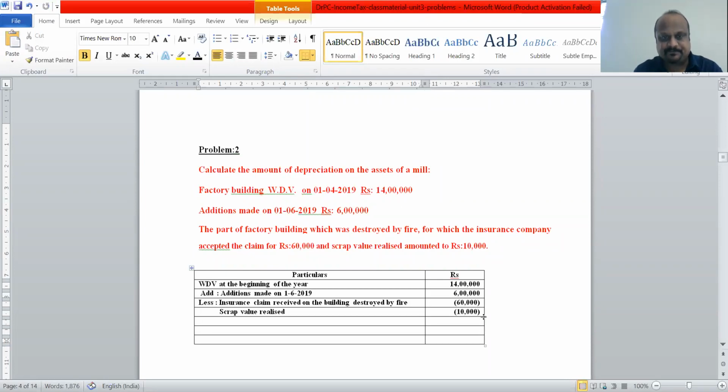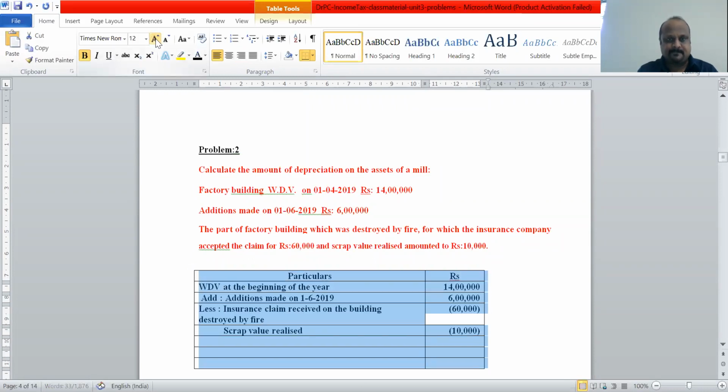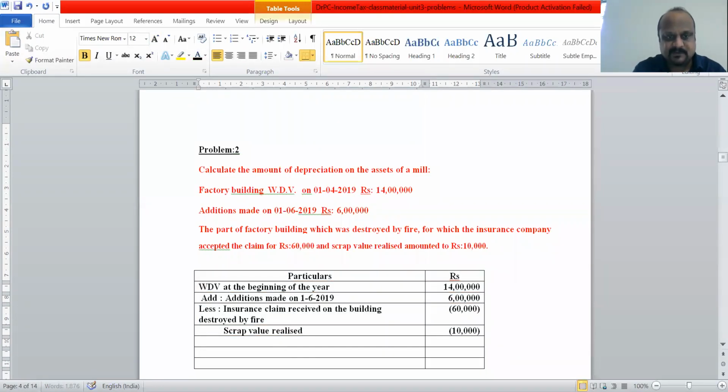So the total value of the asset at the end of the year, how much is that? If you do all this, 14 lakh plus 6 lakh is 20 lakhs, subtract 70,000.